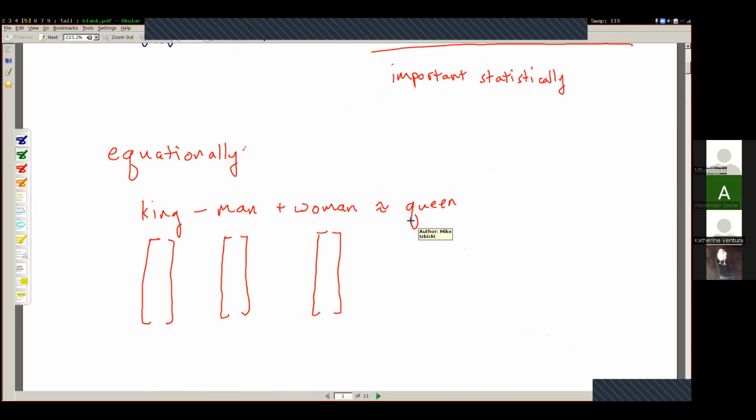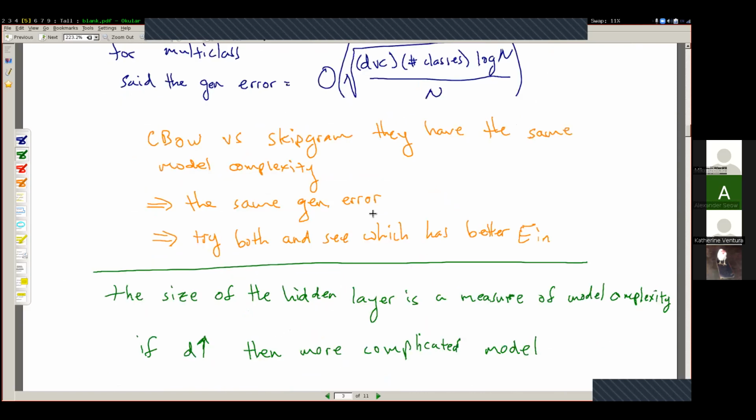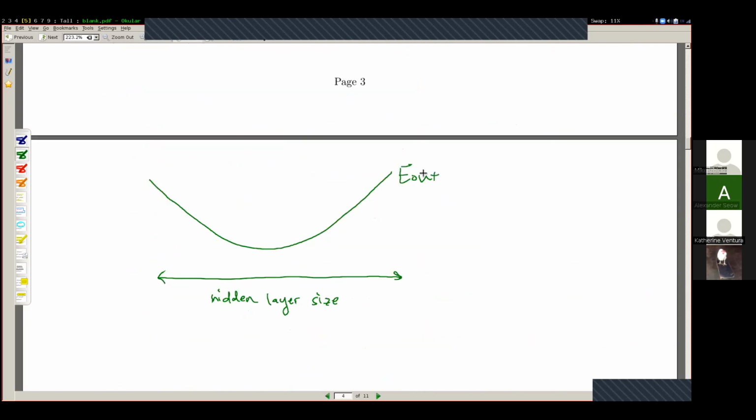And again, this would be interpreted as a classification problem where this is your output right here. You're just not training the model directly to solve this. You're training it on something else and evaluating it on this classification problem. That's another open area of research about word vectors: what are better measurements of E out, E in, these sorts of things.